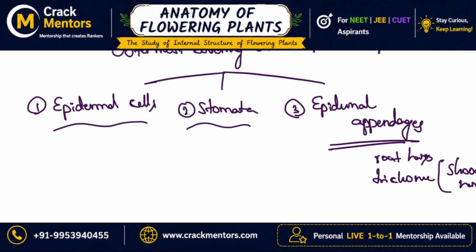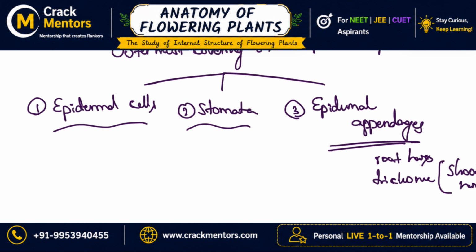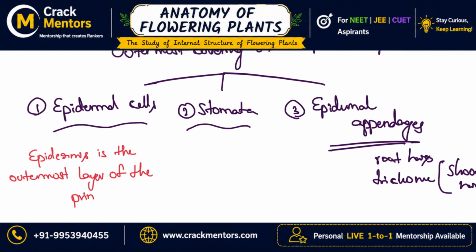First we will see about the epidermis. Epidermis is the outermost layer of the primary plant body, formed by the epidermal cells.